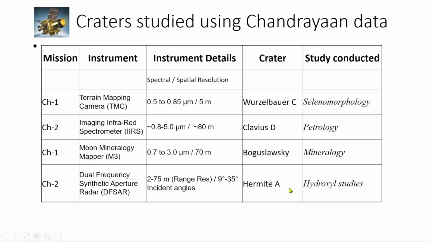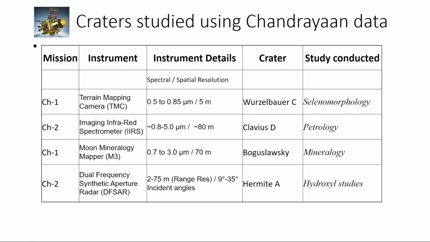And for the Boguslawski crater, the Chandrayaan data comes in strips, and we have mosaicked this one particular crater to study the whole crater as a lot. Then we did a study of mineralogy on this.